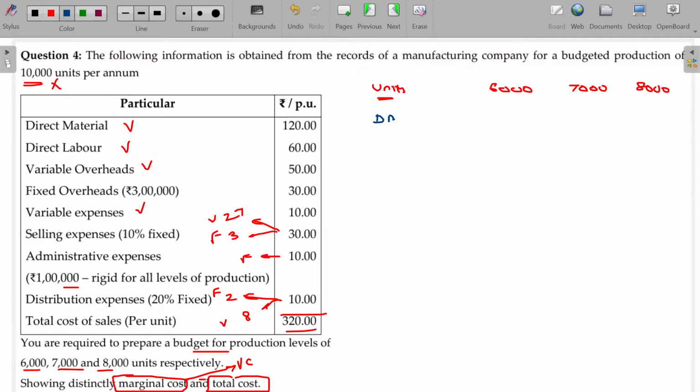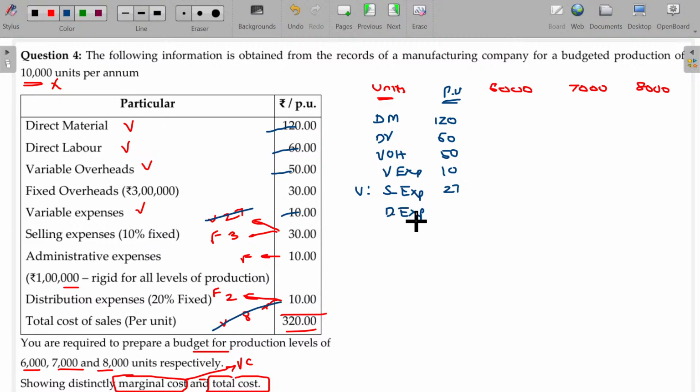Direct material per unit, 120 rupees, direct labor 60 rupees, variable overheads 50 rupees and variable expenses 10 rupees, and this one selling expenses being variable nature 27 rupees and distribution expenses 8 rupees.